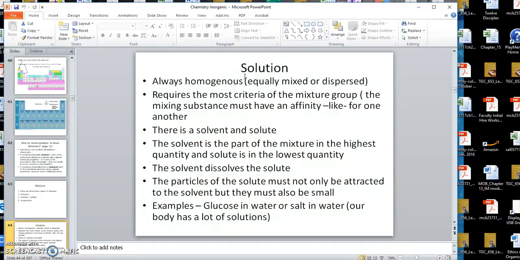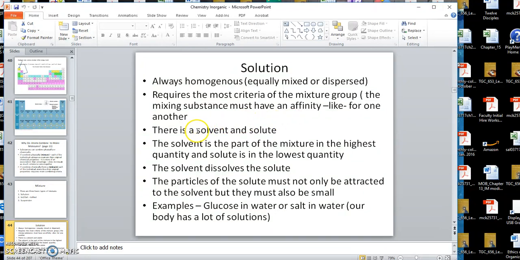That means if you had salt and water, and you had 8 amounts of water to 2 amounts of salt, no matter where you would pick a sample from, and no matter how big the sample was, when you boiled it down to its least common denominator, it would still be in the same ratio. So it's equally dispersed. Of the mixtures, a solution has the most criteria because the solvent has to like the solute and vice versa.